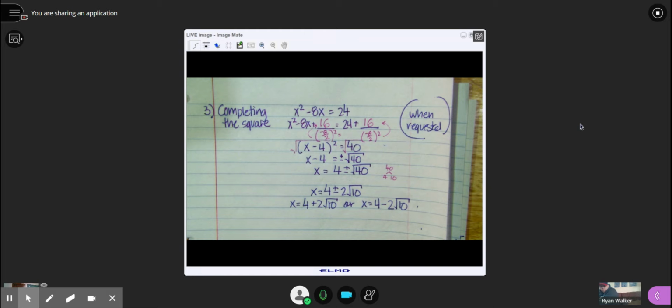Now, as you get into higher mathematics, if you have to take an intermediate algebra or college algebra class, we use completing the square quite often as a part of a larger problem. So it is a tool in your tool belt that is needed and necessary, but it's not one we reach for often.